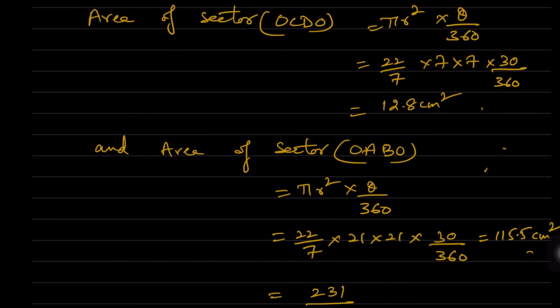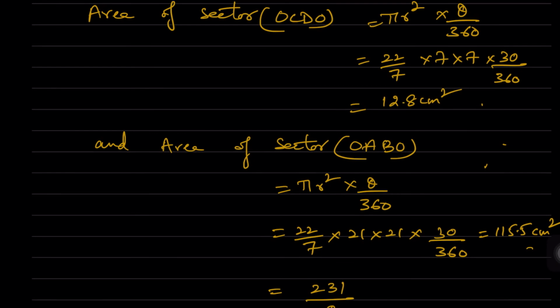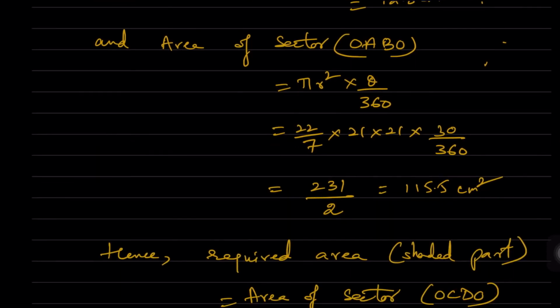Next, area of OABO, that is the bigger sector, is equal to pi r square into theta by 360, which is equal to 22 by 7 into 21 into 21 into 30 by 360. So which is equal to 231 by 2, 115.5 centimeter square.